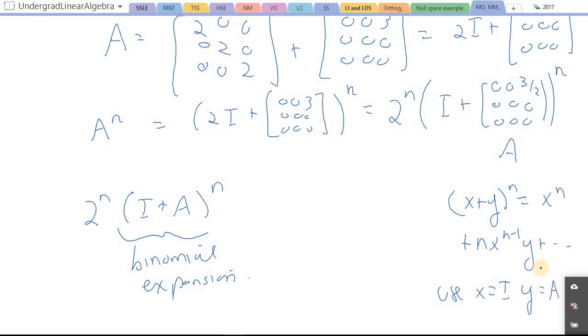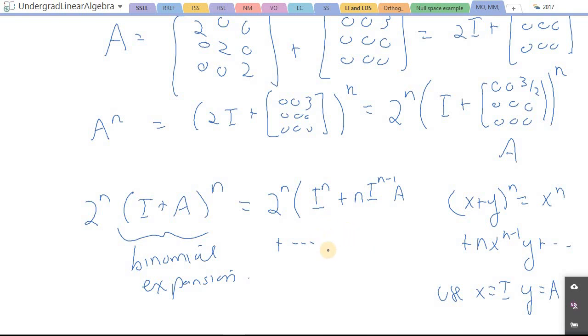Now you might ask, how do I know binomial expansion works for matrices? Well, because I'm just multiplying them together. Remember how this works is that you multiply out and collect terms. I can do the same thing with numbers as with matrices. In this case, I don't need to worry about commutativity because I commutes with everything. So this is equal to 2 to the n times I to the n plus n times I to the n minus 1 times A, plus further terms.